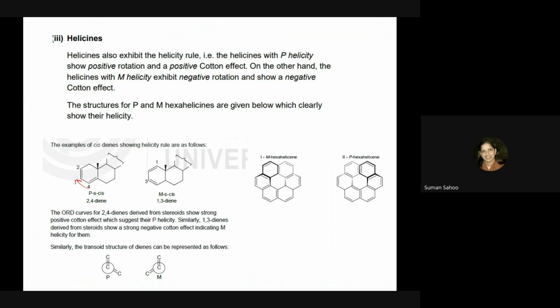That's why this is P. And while viewing from this carbon, it goes in an anti-clockwise manner, so that is your M. For example, in this case, this is the top carbon. While going from this one to this, it would give you an anti-clockwise fashion, and going from this to this one, that would be a clockwise fashion.